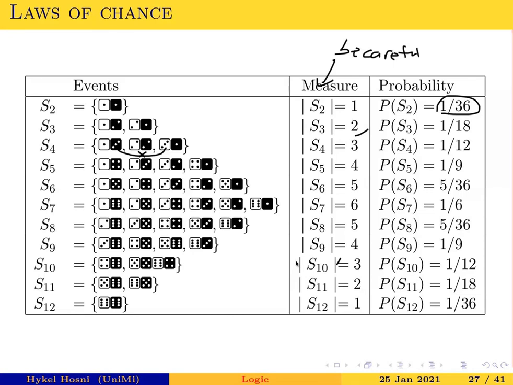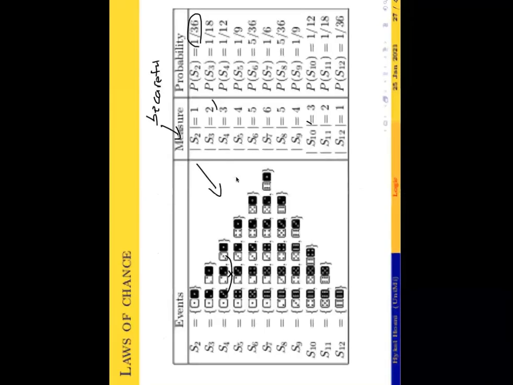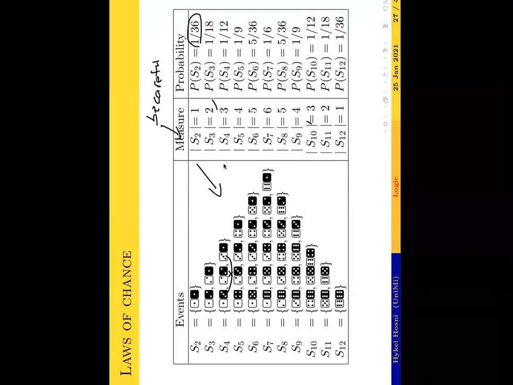But the actual thing that I want to show you is just this. Just have a look at this picture here, and actually maybe I can help you by doing this. Now, this should remind you of something, right? Have you ever seen a picture like this?